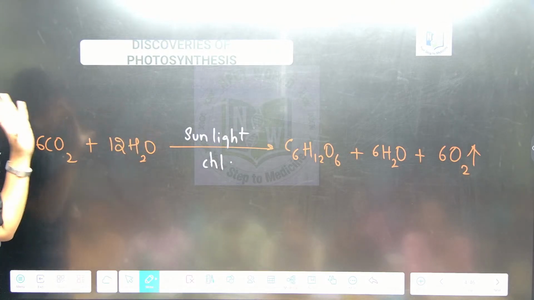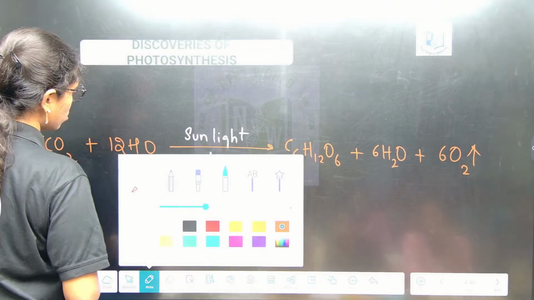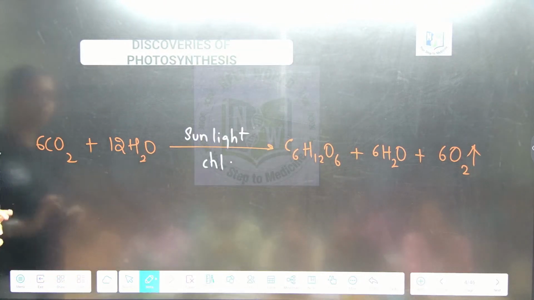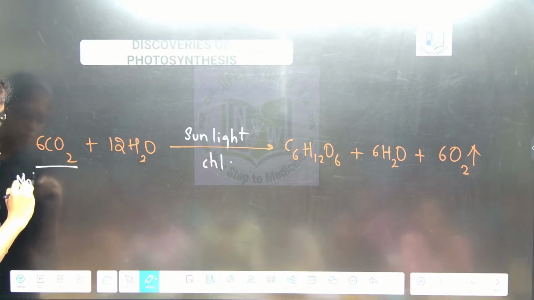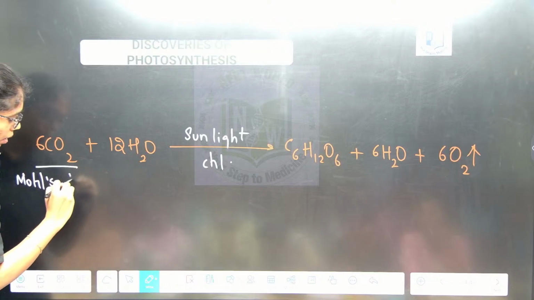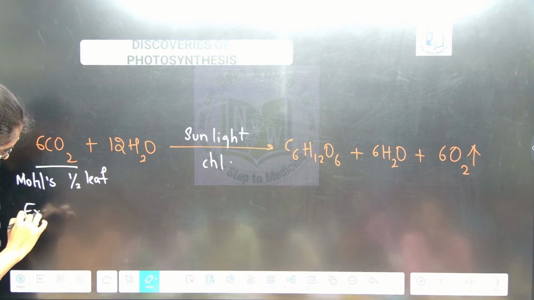From this only we will learn the discoveries also. Firstly, tell me, who is the scientist who said that carbon dioxide is essential for the process of photosynthesis? It is from Moll's half-leaf experiment.